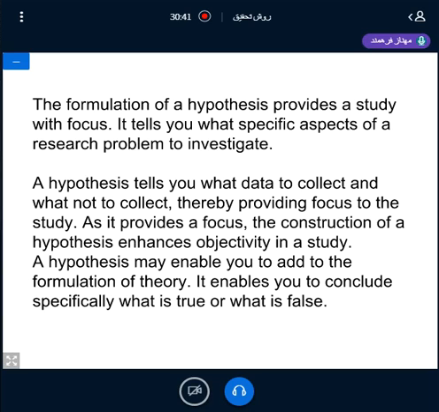The formulation of a hypothesis provides a study with focus. It tells you what specific aspects of a research problem to investigate, and that is very good for describing the problem in your thesis or in your research.